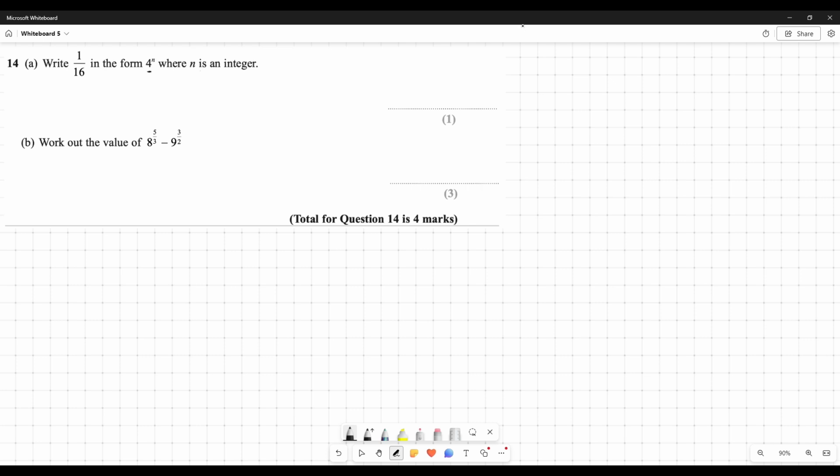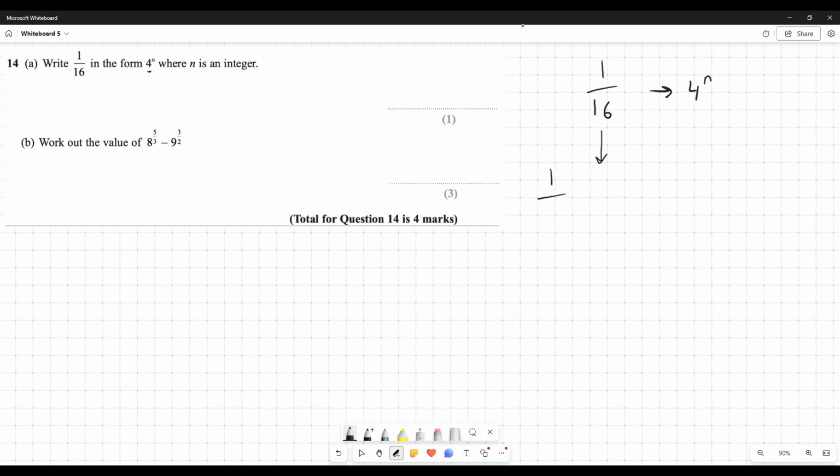So what we do is, if we write 1 over 16, and we need it into 4 to the power of n. So first of all, we see it's a fraction, so it's not in the same form as this. So how would we make this not into a fraction?